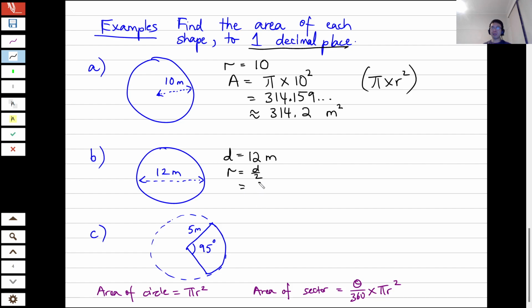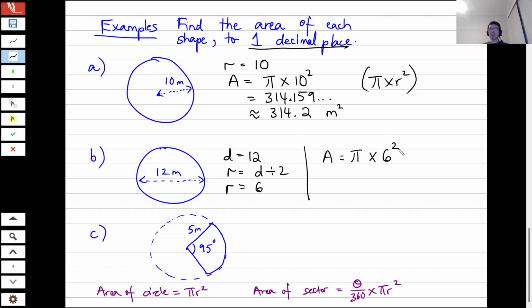So 12 divided by 2 gives me 6. I can leave off the units for now. So r equals 6. And now that I've got the radius, I'm in a position where I can calculate pi r squared.